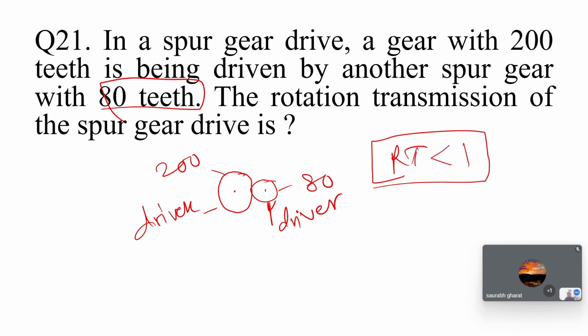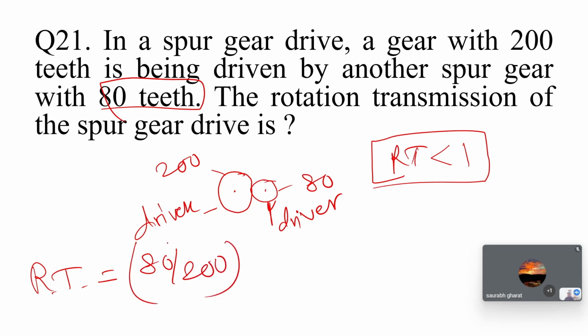Okay, if you got the point, your RT, meaning your rotation transmission, is equal to 80 by 200. You know how, because this is your driver, and from the formula you know that this is your driven part and this is the driver part, so it must be less than 1, but by what amount? It's 0.67.